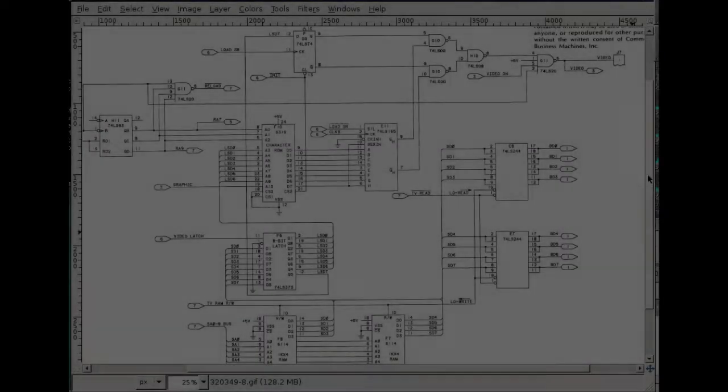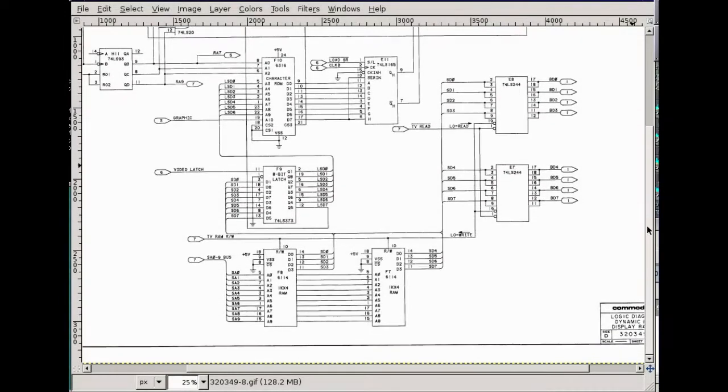Now in the schematic, we have the character latch, which is UF8, and for sure the outputs on this side are stable, because this is the character address that selects the displayed character from the character generator ROM. So this is stable, at least when the CPU is not executing anything.